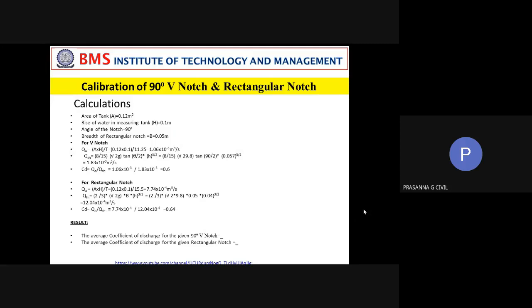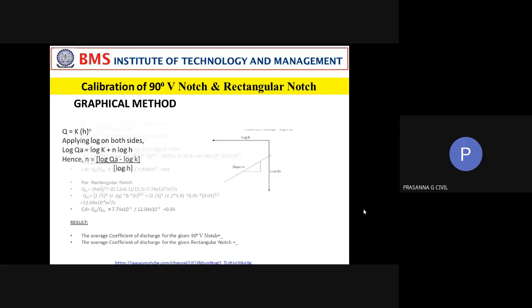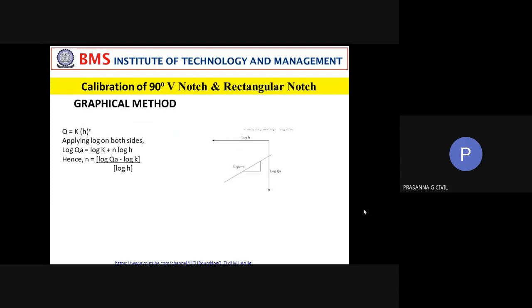So whether for the triangular notch or the rectangular notch, different trials can be done with various discharges, and the CDs that are obtained for the various discharges can be calculated, and the average CD can be used for the result. This can also be done in a graphical method to compute the value of n in the expression for the equations that are given, both for the V notch and the rectangular notch.